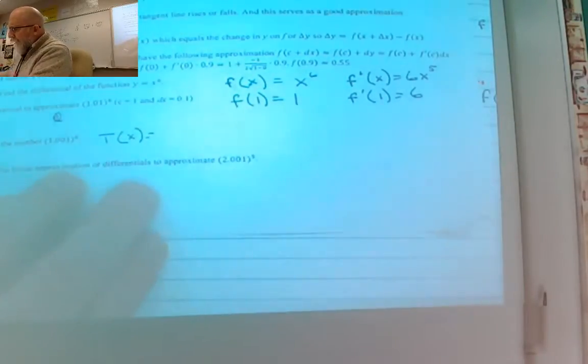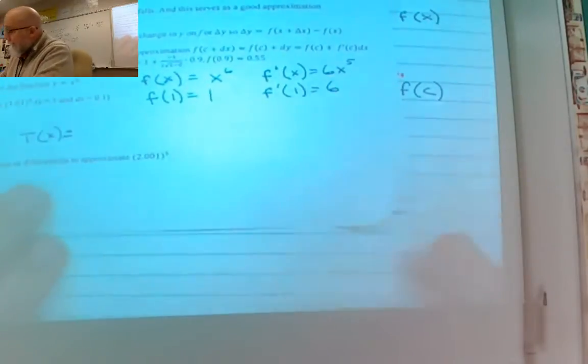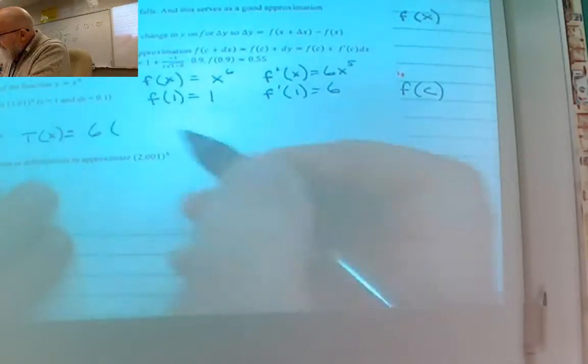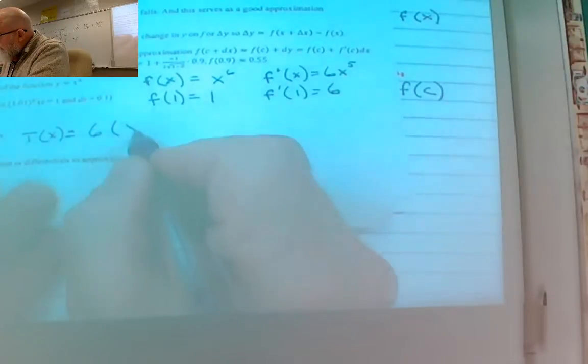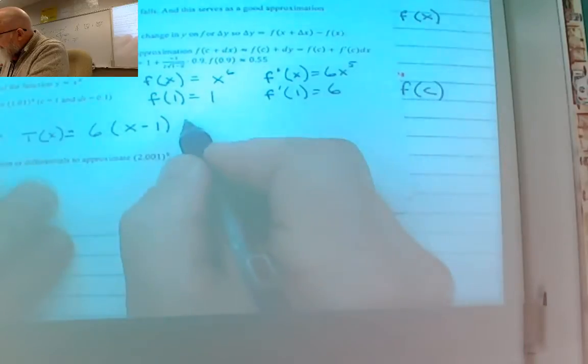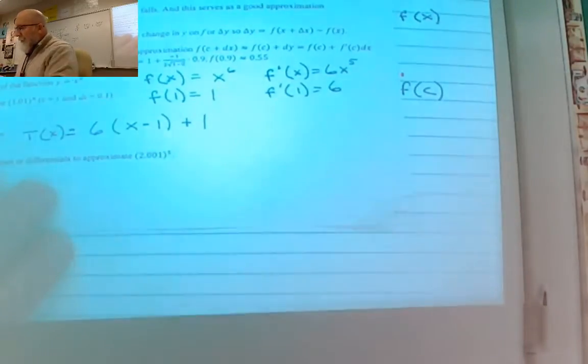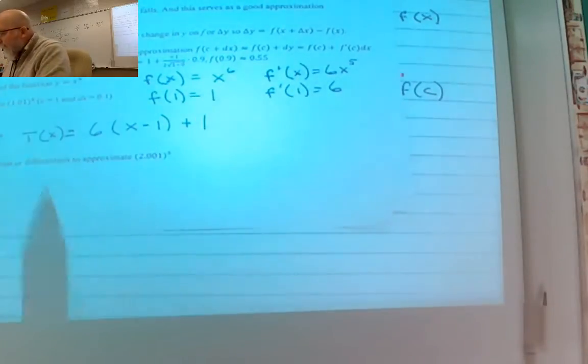What's my slope? 1. Let's try it again. What's my slope? 6. Okay. Times x minus 1, plus what? Plus 1. Okay. Now, what do you think I'm going to be putting into there?